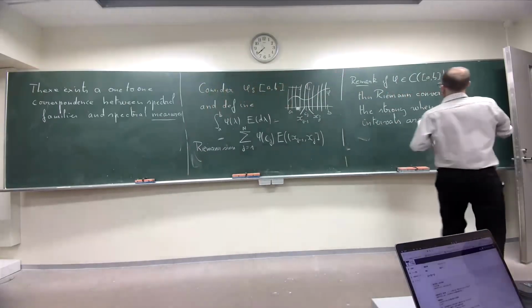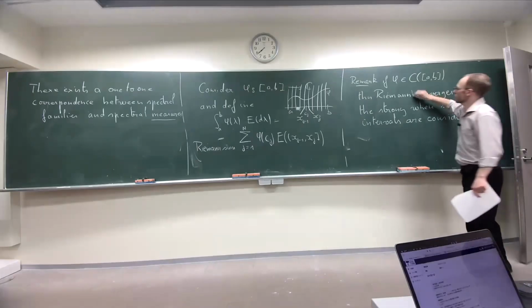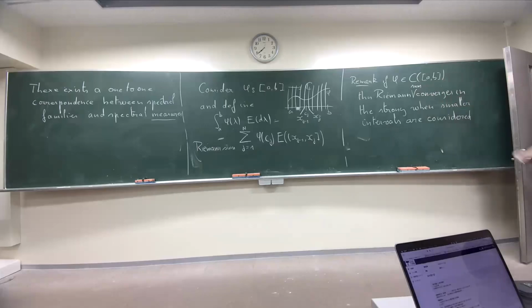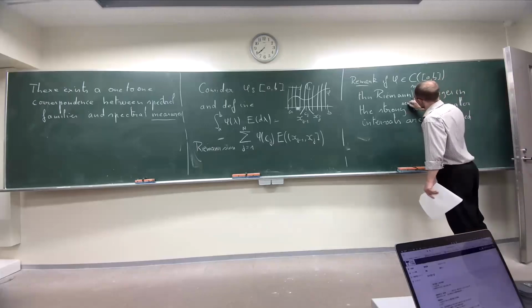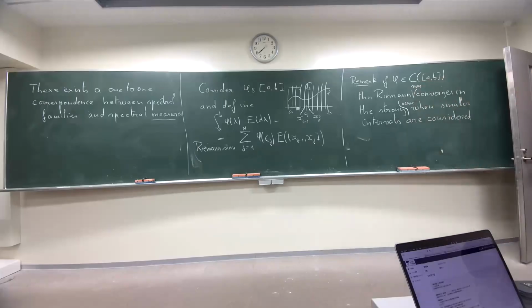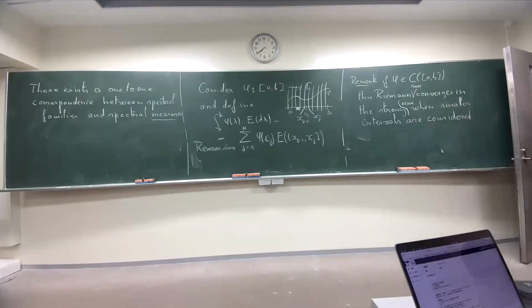And it turns out that if phi is a nice function, this Riemann sum converges in the strong sense. Sorry, I'm a little bit too fast. It means the strong limit of this converges when smaller intervals are considered. This is a Riemann sum with operator valued functions.